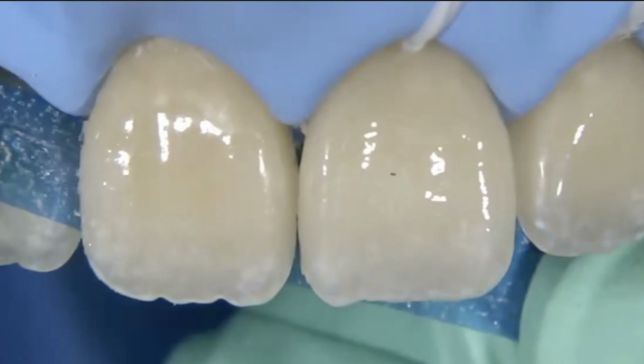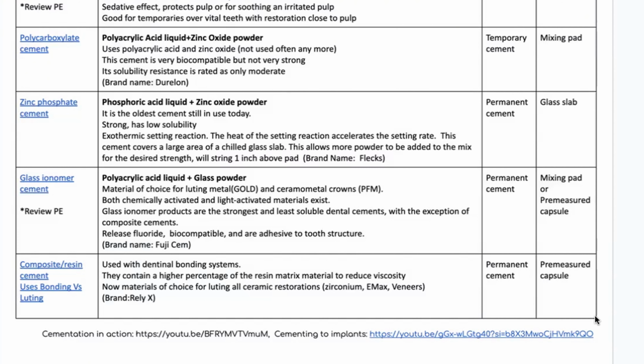So those are the composite resin ones, and they are really great for cosmetic purposes because, if you can imagine, our glass ionomers are clear cements. If it's clear cement underneath and it's such a small veneer, it will shine through that color. So they're really finding that if they get the right color of composite resin cement, then they can make those look really cosmetic.